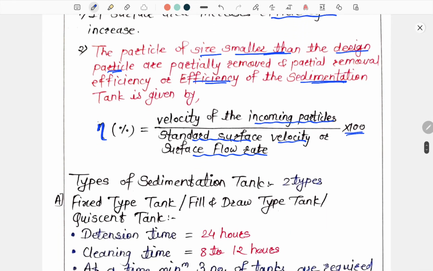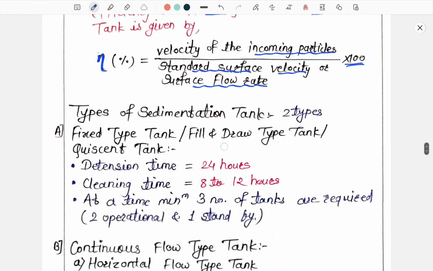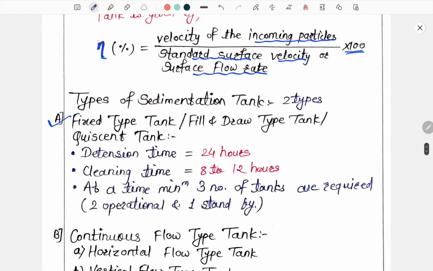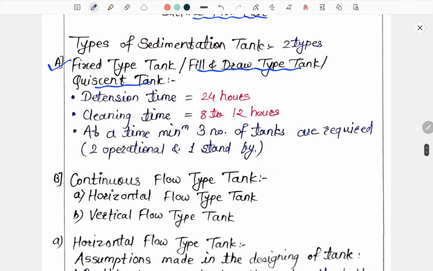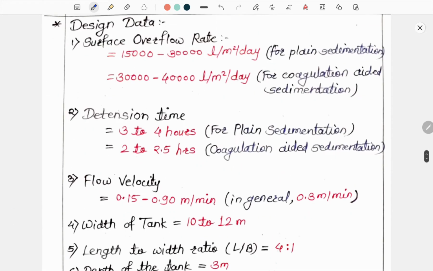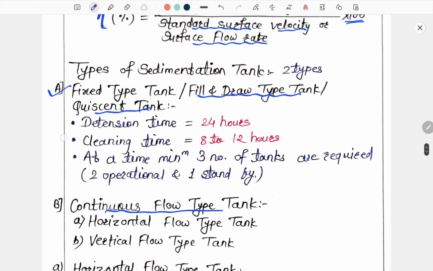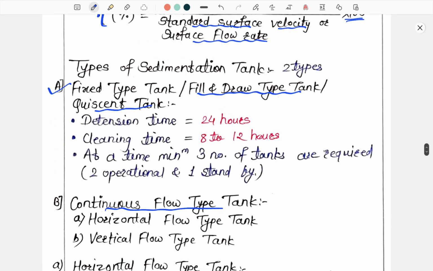Okay, so we will discuss types of sedimentation tank. There are two types of sedimentation tank. First one is fixed type tank, also called fill and draw type tank or quiescent tank, and second type is continuous flow type tank. In the case of fixed type tank, detention time is 24 hours, cleaning time is 8 to 12 hours.